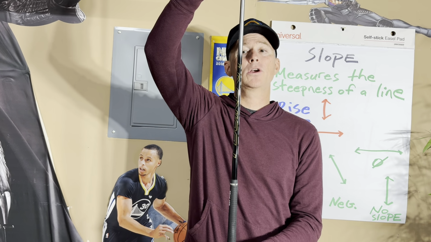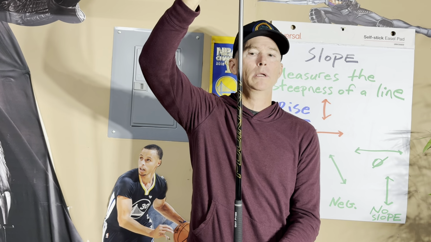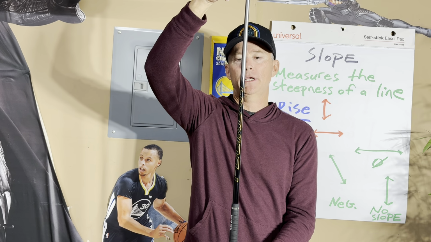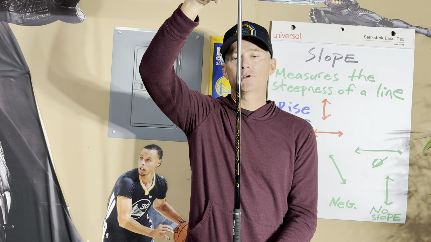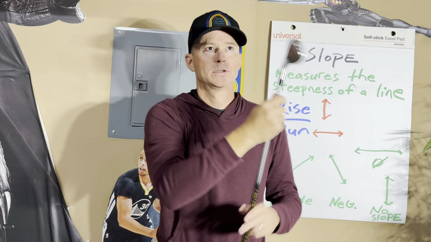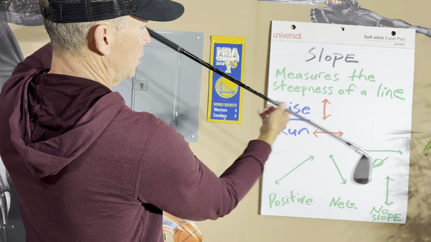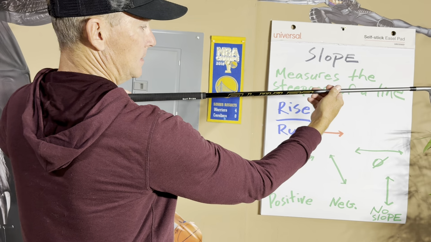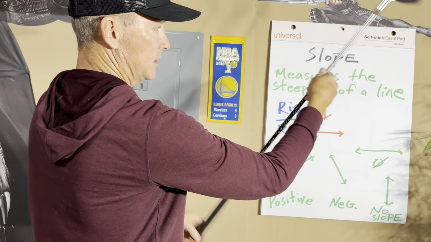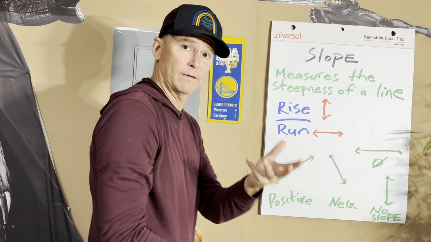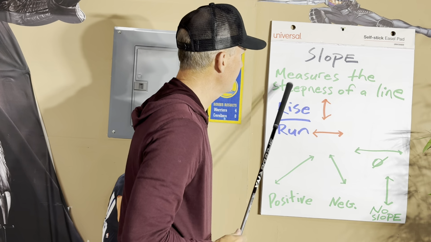But this is actually called no slope. We'll get into why that is in the next video. So just remember, there's positive, there's negative. That's a positive slope, that's a negative slope, that's 0 slope, and that's no slope. There's a difference between 0 and no slope, okay?